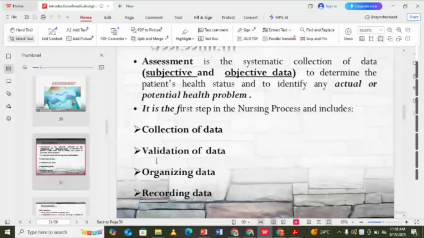Itoto, how do you validate the data? You're not even in class. So that's an absence.